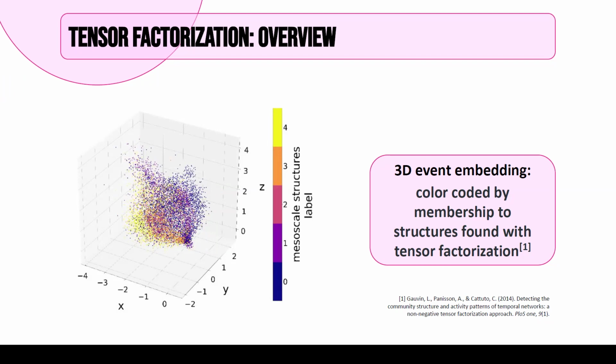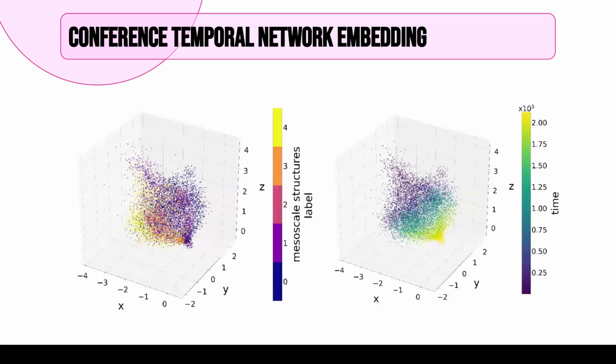So just to have a quick overview of both methods, we can safely say that this dimensionality reduction technique can work pretty well to define and learn the temporal and structural features of the original temporal network, without, of course, the burden of the high dimensionality of the network.